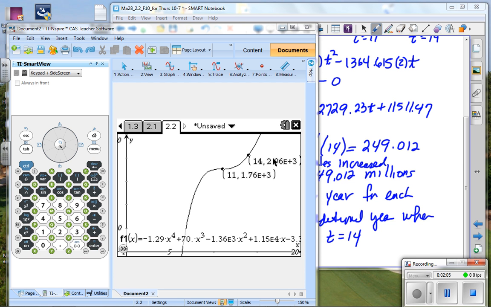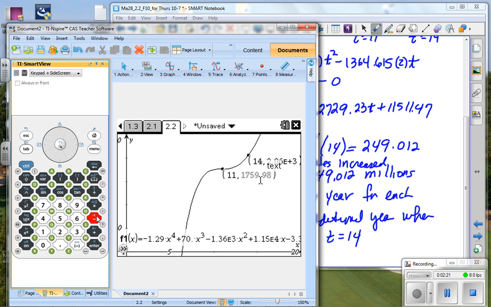Now, although it's not important to know what the output values are, let's see if we can come up with this. E plus 3 means that it's in scientific notation. Take your cursor and just hover over that, and then if you come over here and press the subtract key, you're going to get a value.